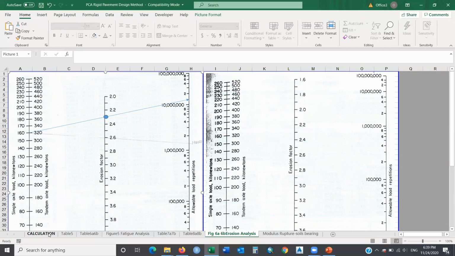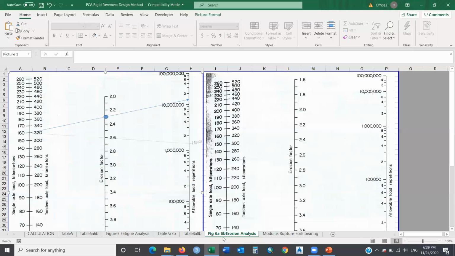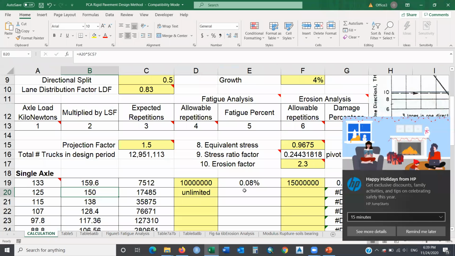So let's say 15 million. The next one is 150. I am reading a little more than 20, a little less than 30. So I'm reading 25 million.